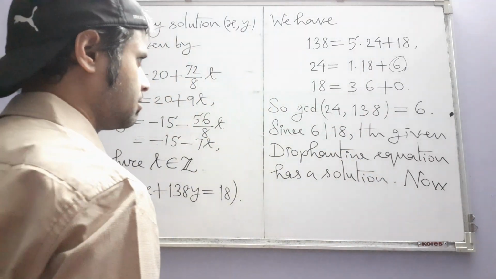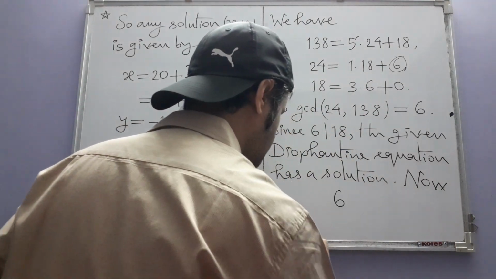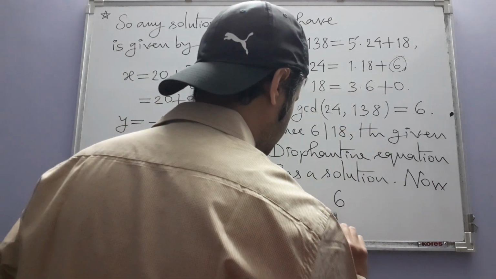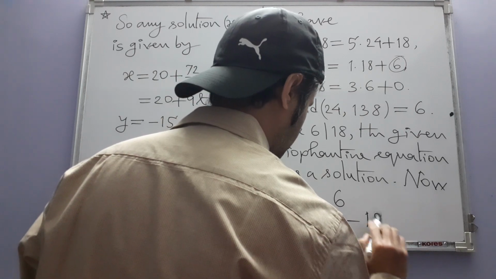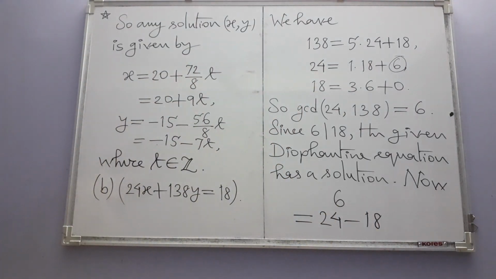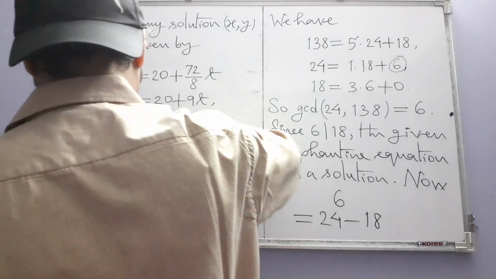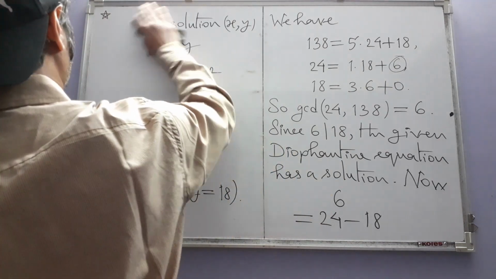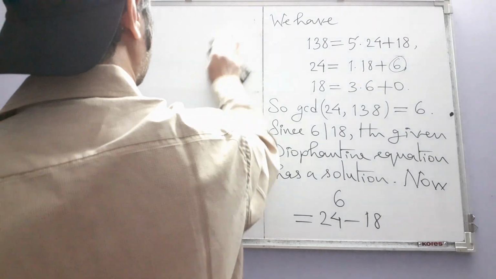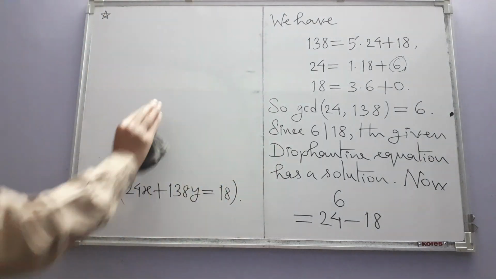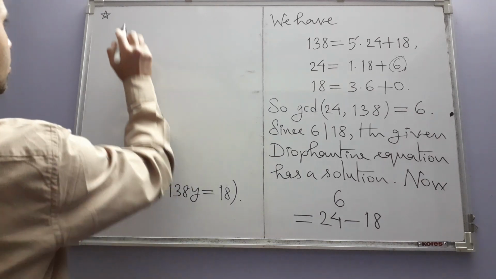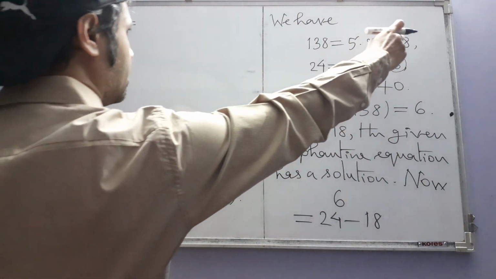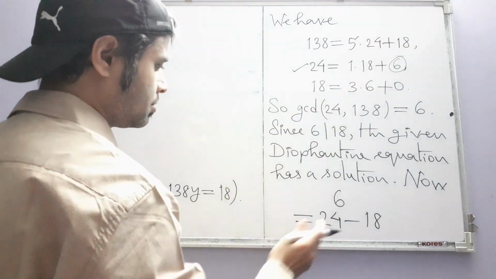Now that back calculation. 6 is equal to 24 minus 18. Now we replace 18, so this one we have used here.